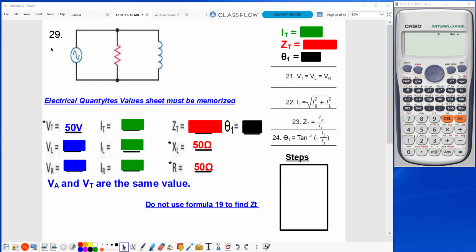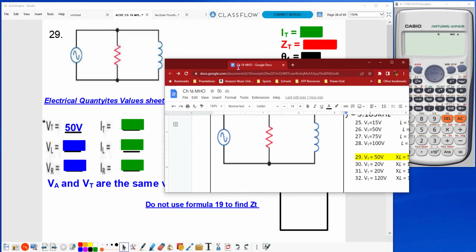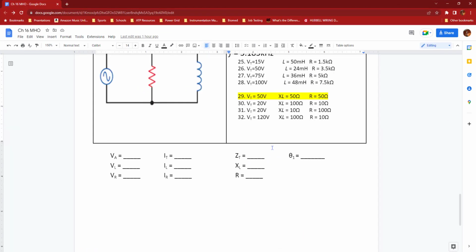So here we see problem 29, and I've got certain values already filled in. I am taking those values from the Chapter 16 math handout that you see here. I'm taking my 50 volts, my XL of 50 ohms, and my resistance of 50 ohms.